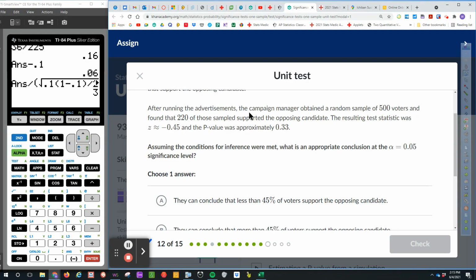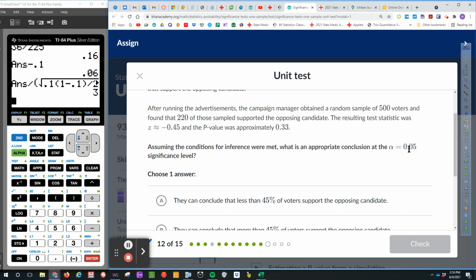After running the advertisements, the campaign manager obtained a random sample of 500 voters and found that 220 of that sample supported the opposing candidate. The resulting Z statistic is approximately negative 0.45, and the P value is approximately 0.33. Assuming the conditions for inference were met, what is the appropriate conclusion at alpha?